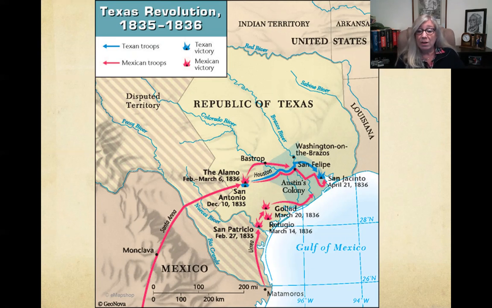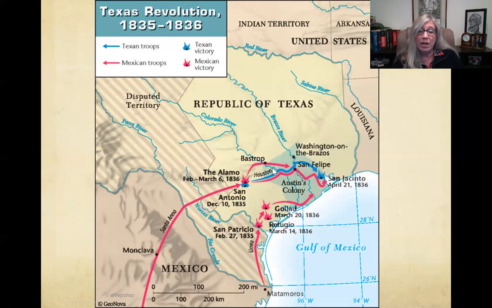But bottom line, there is a lot of support from the American frontier that comes in to reinforce the Texans in their fight for independence. And the leader, Sam Houston, so Stephen F. Austin colonizes Texas, and then Sam Houston is going to lead the Texans in their fight against Santa Anna.